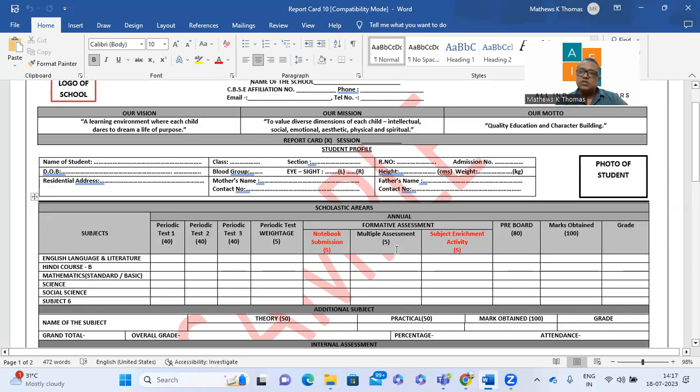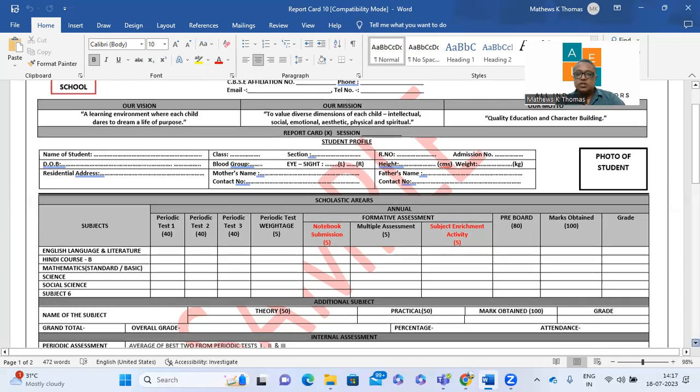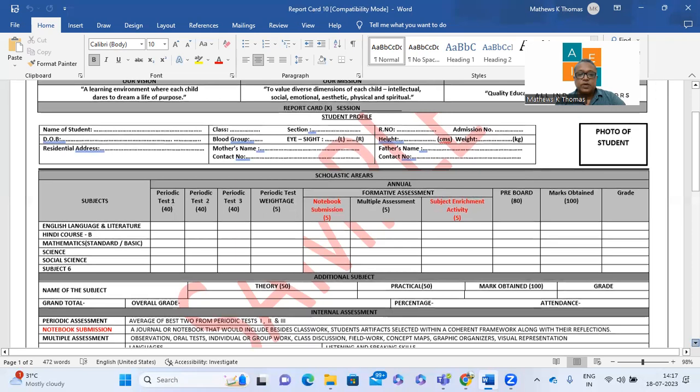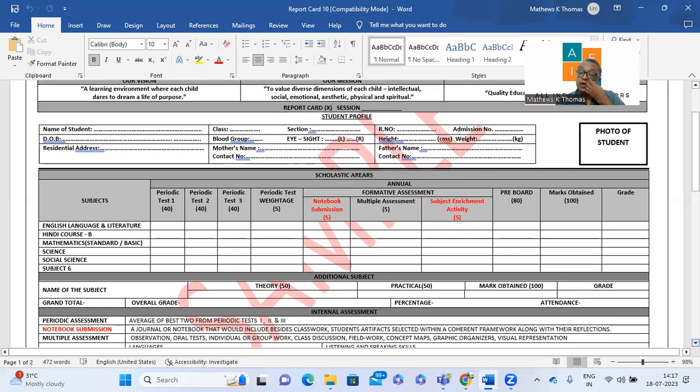Then the multiple assessments: except for the paper pen test, it can be verbal tests. It can be any other form except paper. It can be quizzes, crosswords, field work, some graphic or oral work, map work, visual representation. It could be a basic class discussion. So all this will come under multiple assessments.